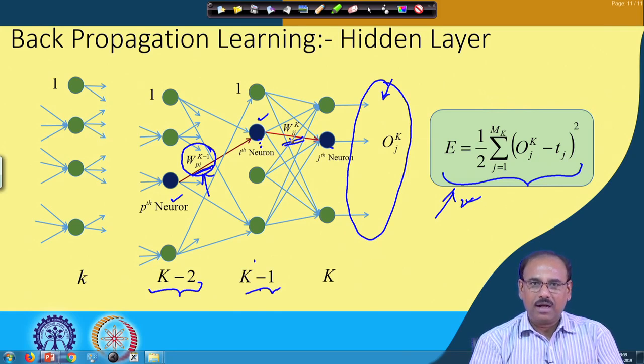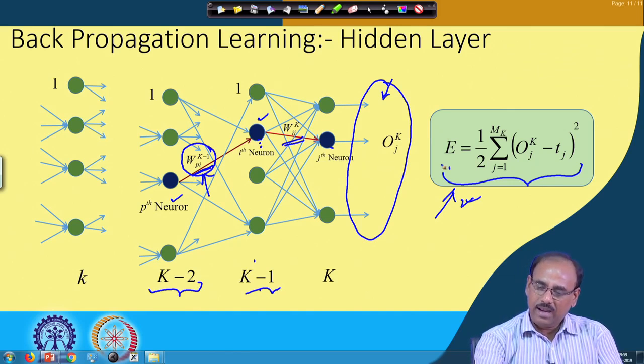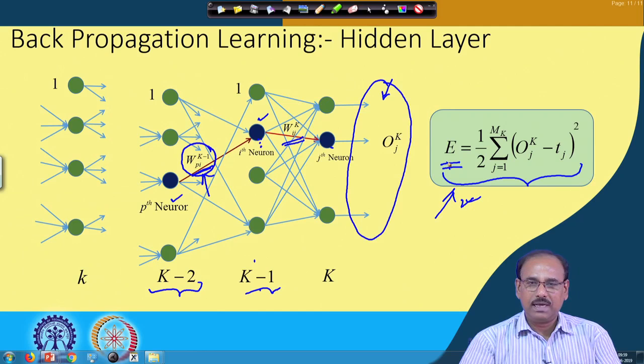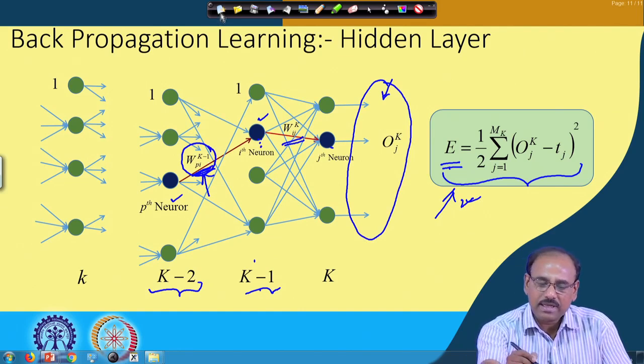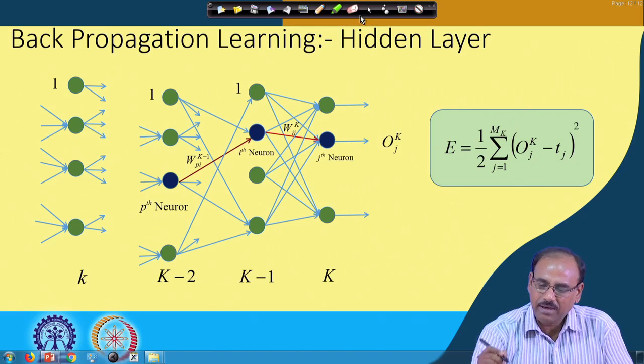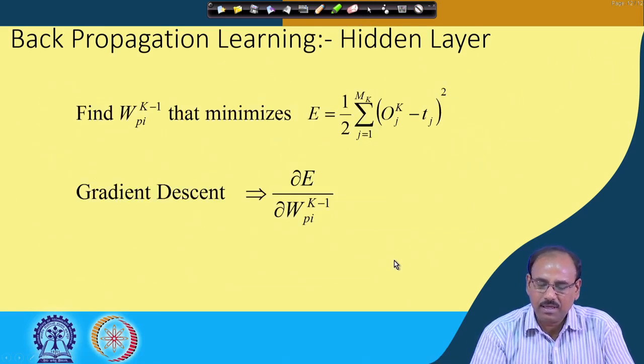So, again I have to follow the chain rule in order to find out how this error E, which is computed at the output layer, varies with the variation of Wpi(k-1). So, let us apply this chain rule again over here.